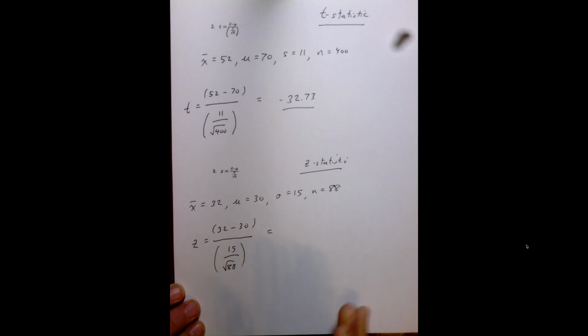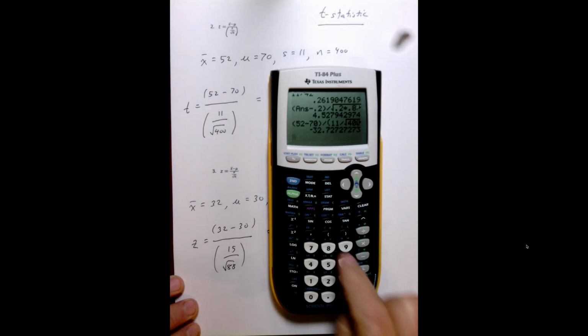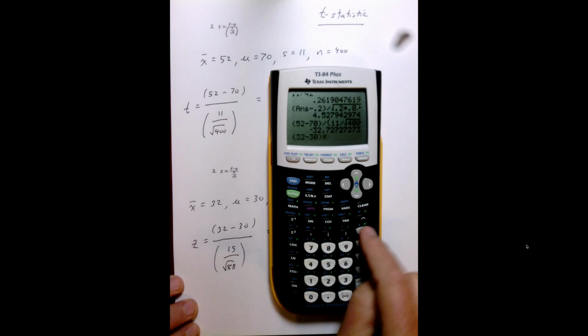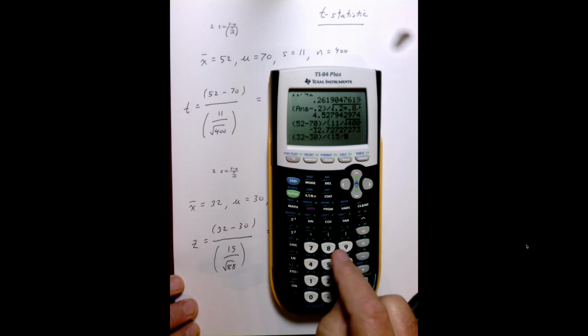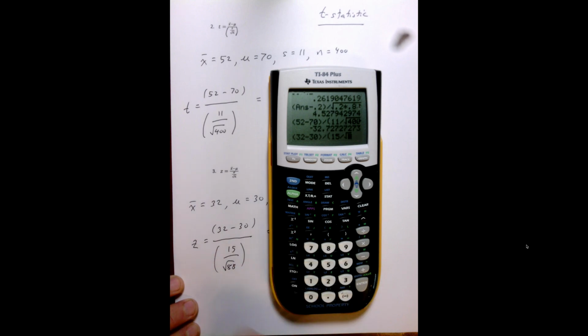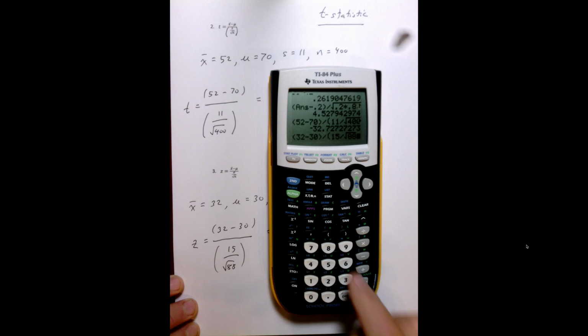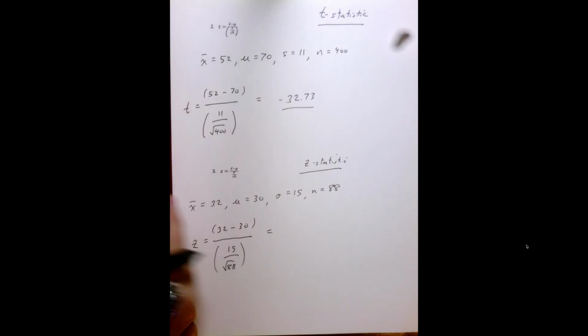All right, so let's go for it. 32 minus 30 in parentheses, 15 divided by the square root of 88. Hit the right arrow to get out of the square root, so you put the parentheses where it needs to be, and you get 1.25.